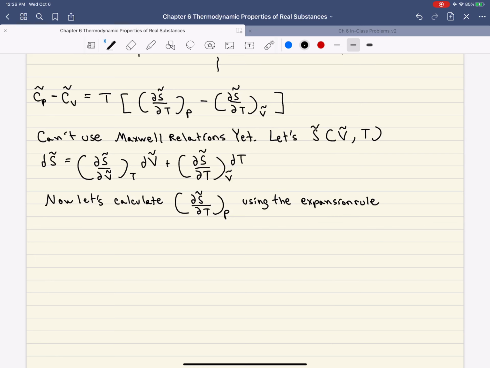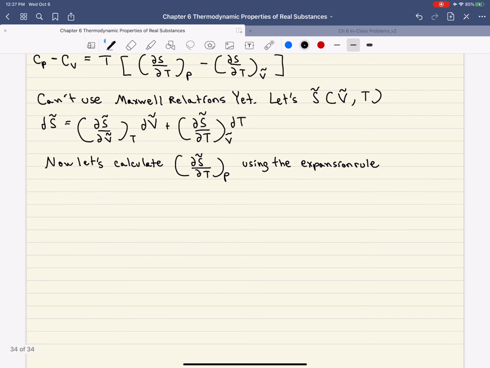Okay? And so when we apply this expansion rule, our K is going to be volume, our L is going to be T, our Y is also going to be T, and our Z is going to be P. Okay?